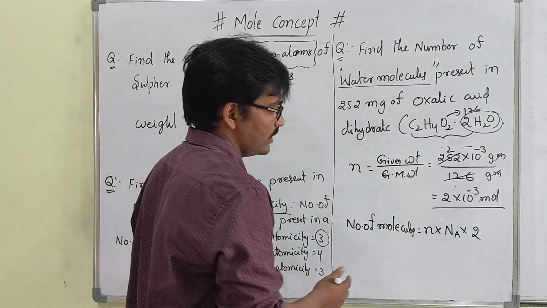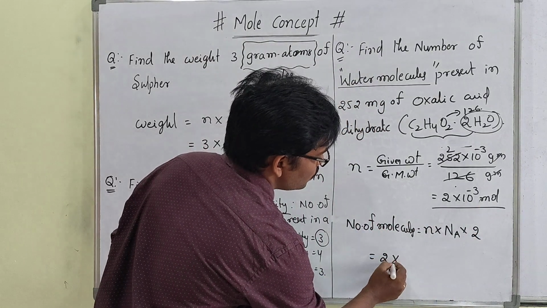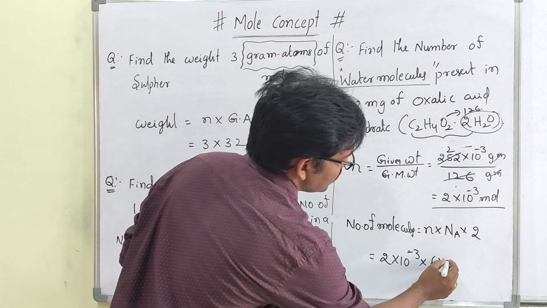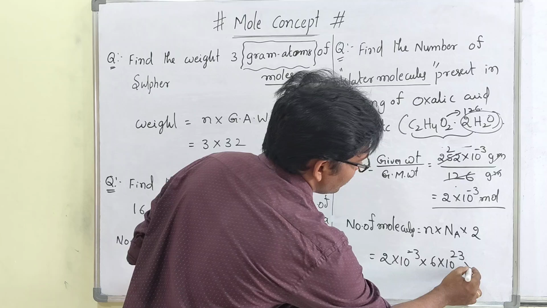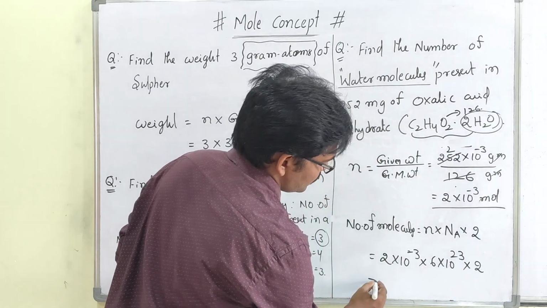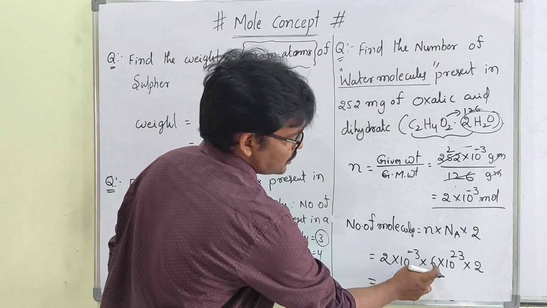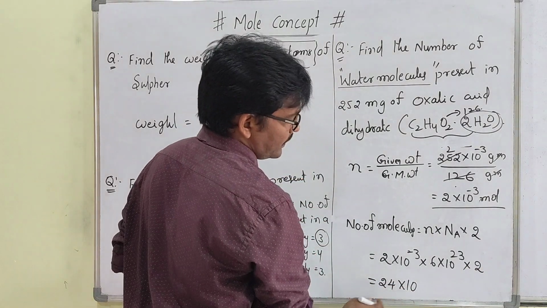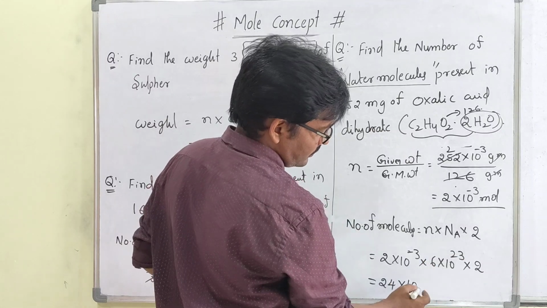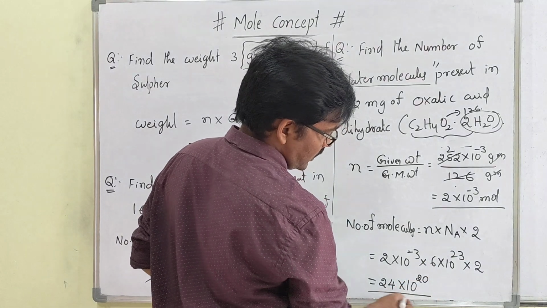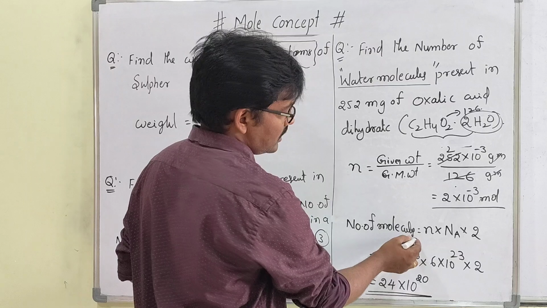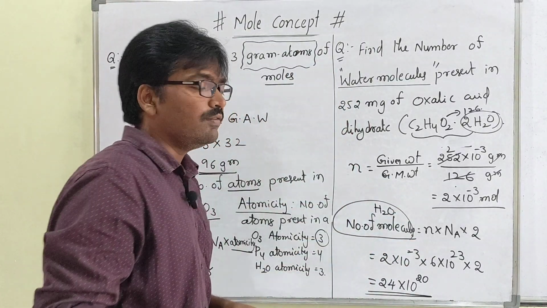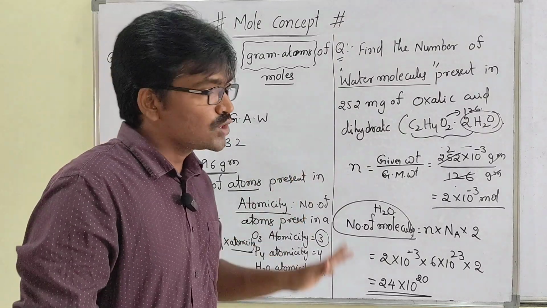So 2 into 10 to the power of minus 3 into 6 into 10 to the power of 23, that is Avogadro number, then 2. So 2 sixes are 12, 12 twos are 24: 24 into 10 to the power of 20 number of water molecules. Number of which molecules these are? Water molecules, my dear students. Just note all these questions.